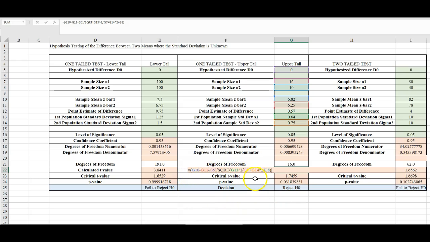You can pause if you want to see how I've done this. And then we also take the absolute value to determine the critical t-value. And I use the absolute value of the critical t-value if I want to compare the two.